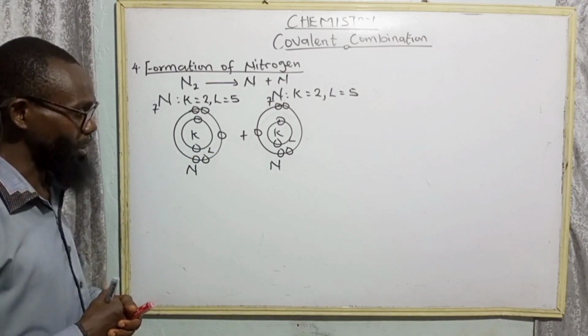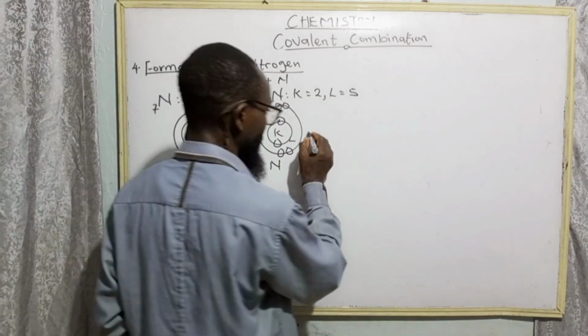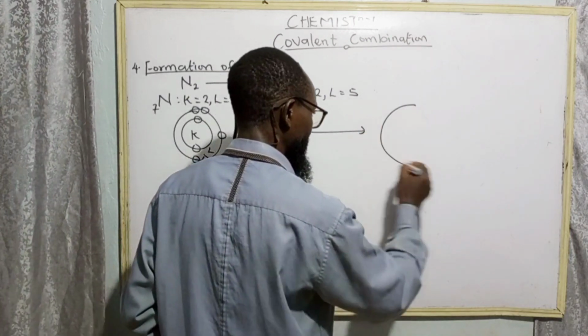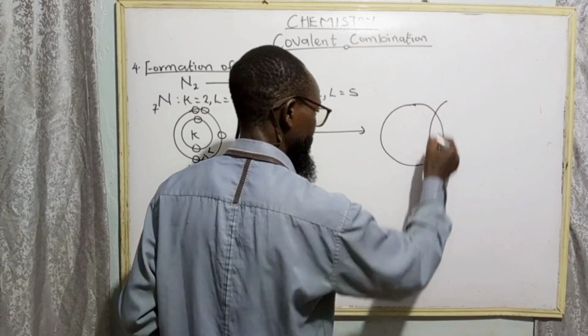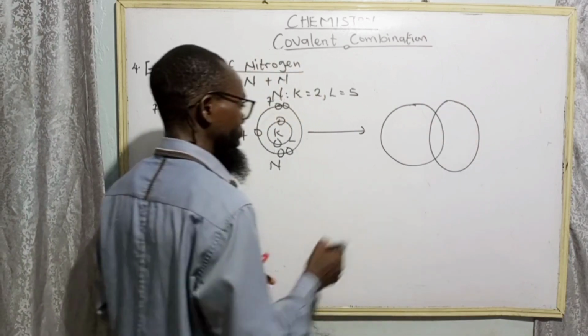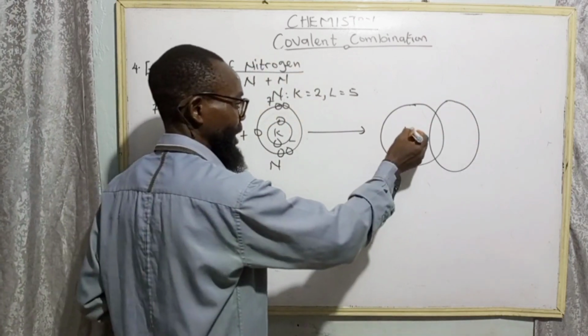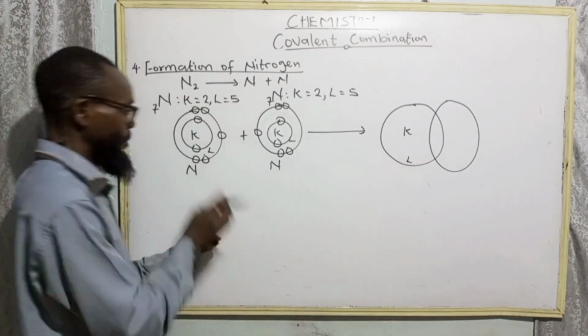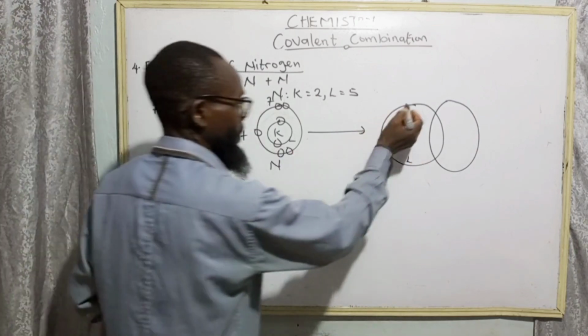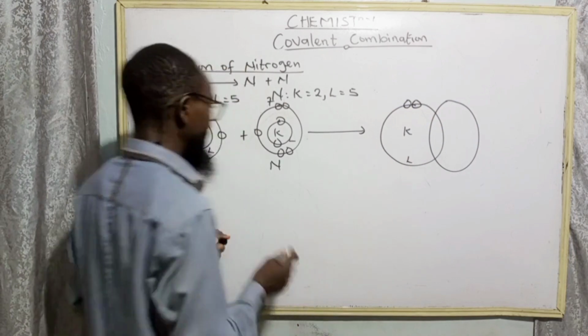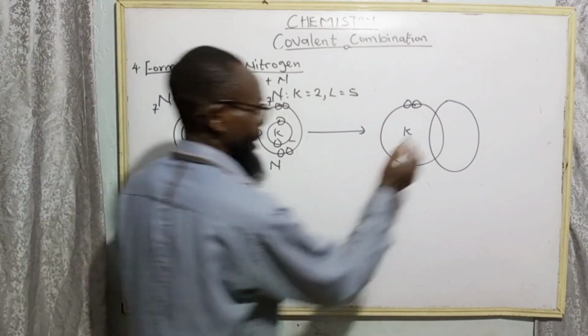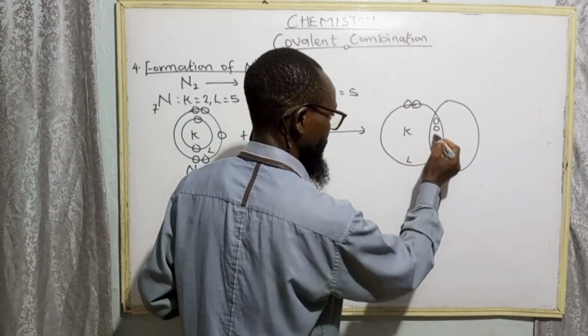Now let me show the outermost shell for each of them. The first one, we have our K shell, now L shell, the outermost shell, taking 2 electrons here. Then the remaining 3 electrons, let it be in this.